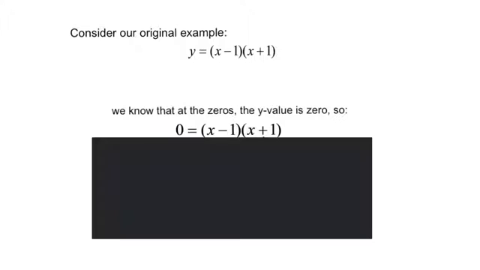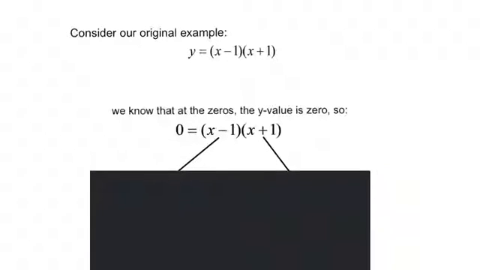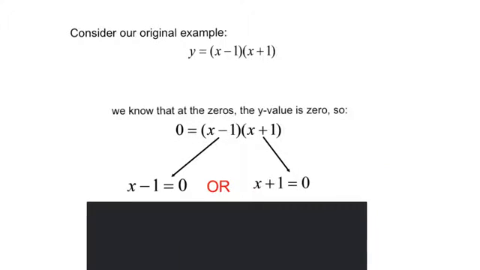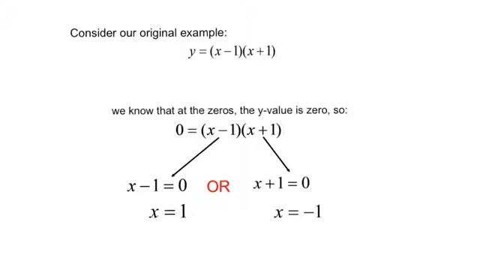And here's where that rule of zeros comes in. Because if these two quantities multiply together to give me 0, that means that either the first one is 0 or the second one is 0. So in other words, either you have x minus 1 is 0, that's the first term, or you have x plus 1 is 0, that's the second term.